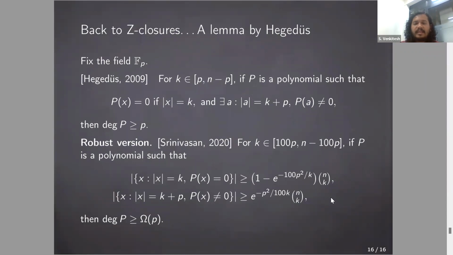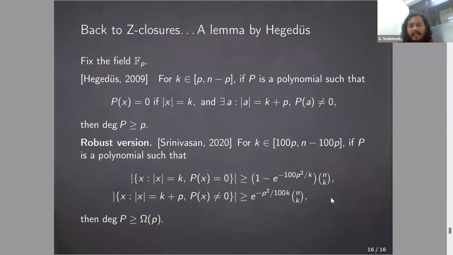But in a robust version, you relax things a bit. Instead of complete vanishing at the layer k, you can say that the polynomial is vanishing at most points of the layer k. And instead of the single non-vanishing guarantee at the layer k plus p, you can say that it does not vanish on a tiny fraction of points at the layer k plus p. It's not a single point, but a little bit more than that.